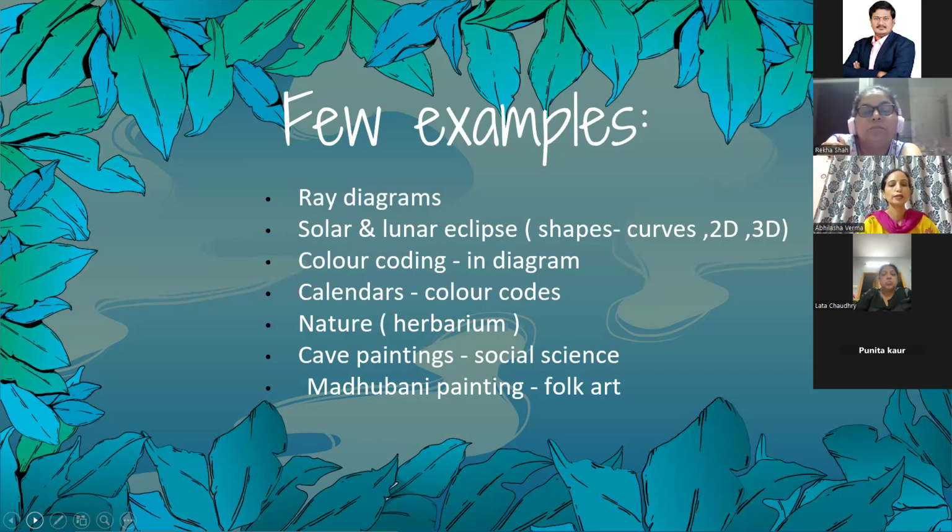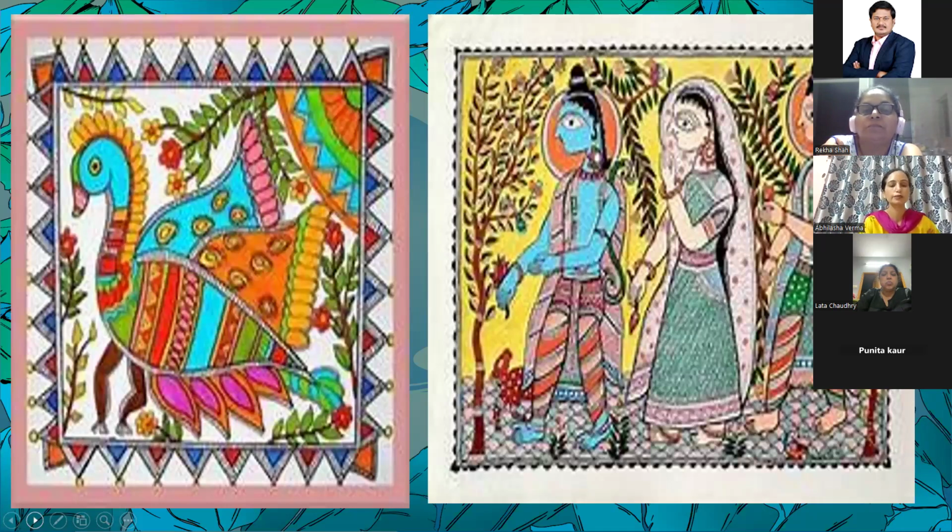And then Madhubani painting. It's a very famous folk art of Bihar. So next slide, I would like to show what is Madhubani painting. I'll explain this. Madhubani painting is a very famous art of Bihar. Why is it very famous? Because of all the natural colors, they don't use poster colors here.